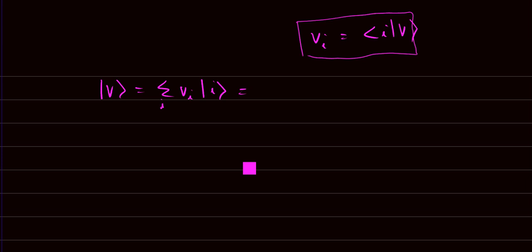So the summation over i, we can write Vi like this. This is also an expression of the kth vector.